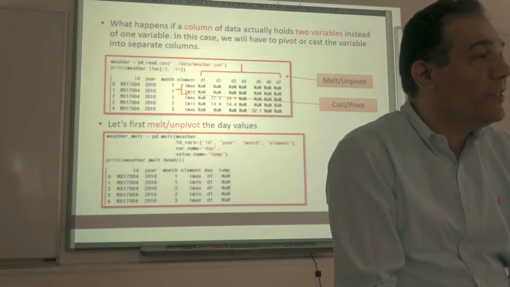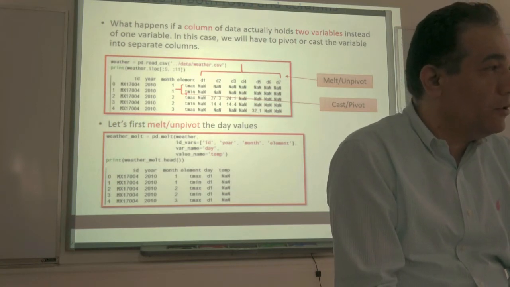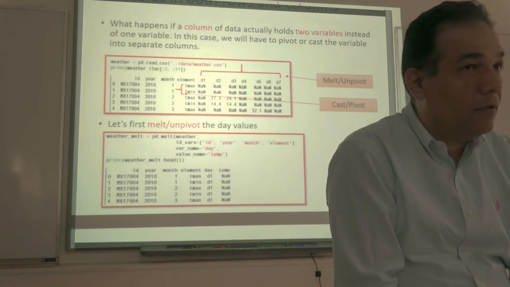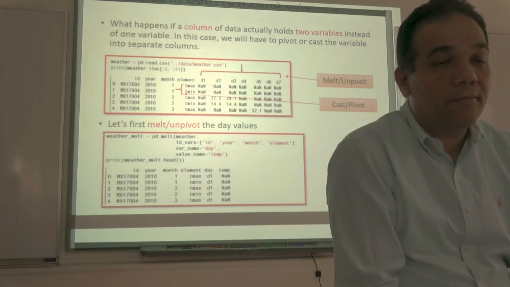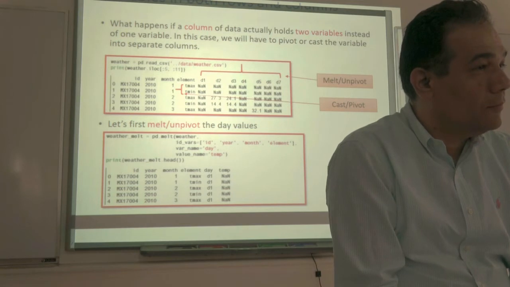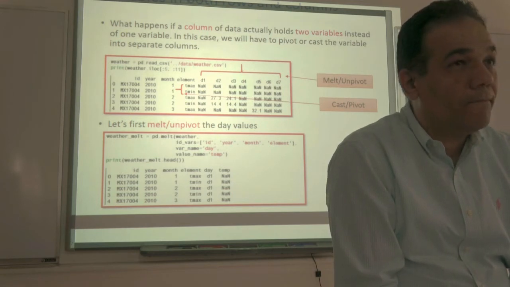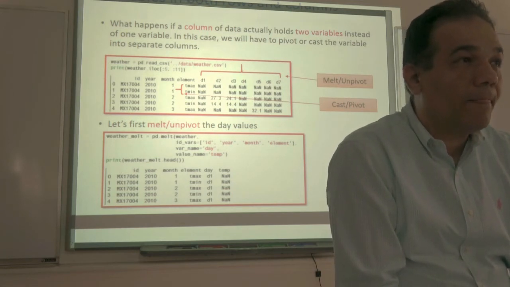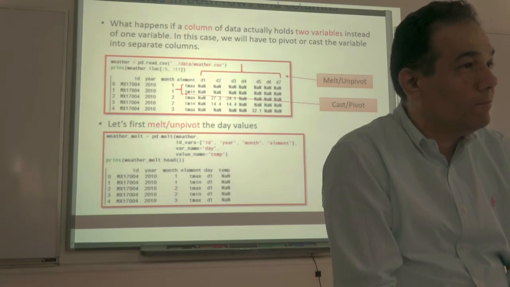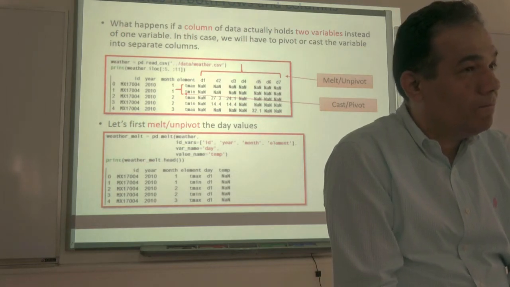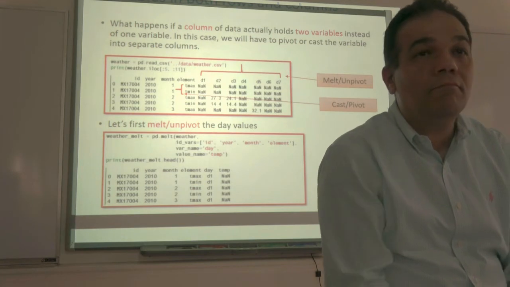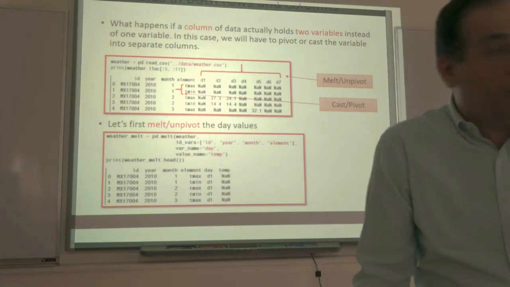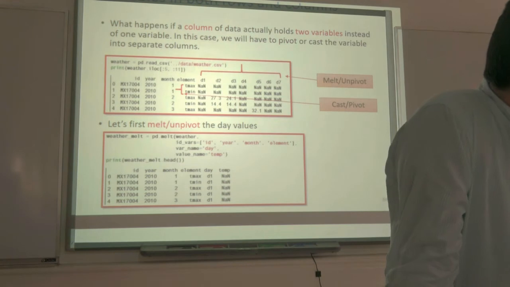All right. What is the third problem in our hand? Exactly. A variable both in rows as well as in the columns.